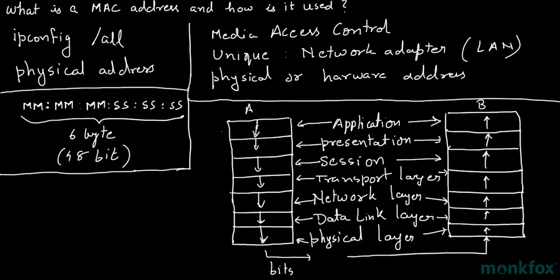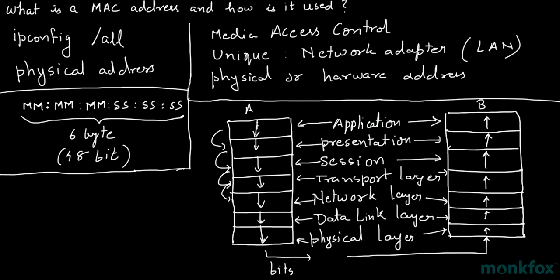Now, if you look at A, as data passes through every layer, each layer wraps the data packet received from the layer above it with its own headers and footers and some more information.